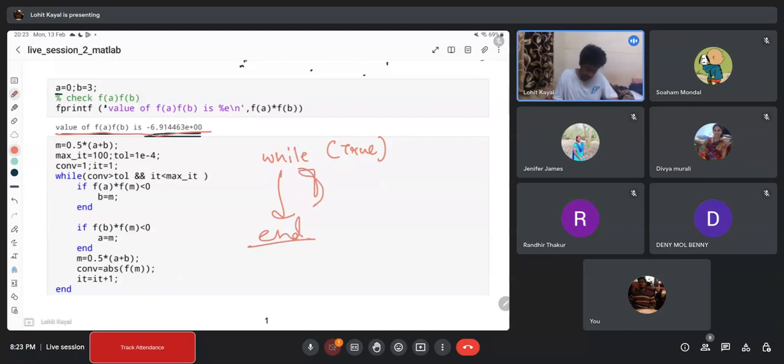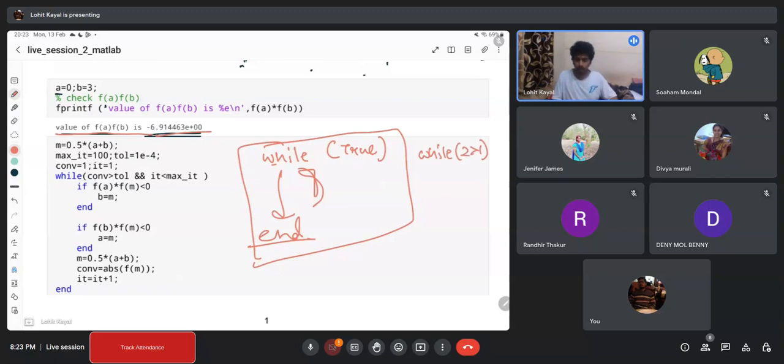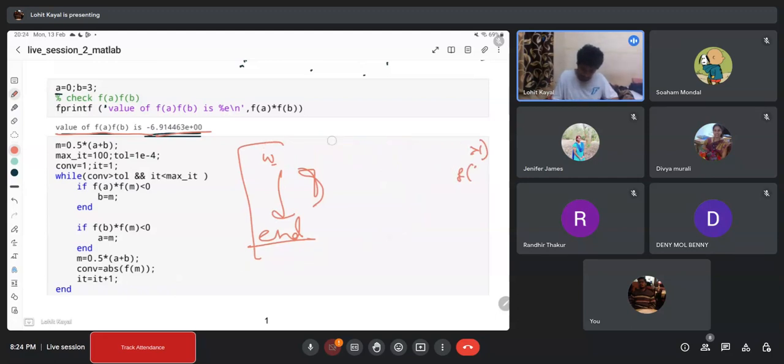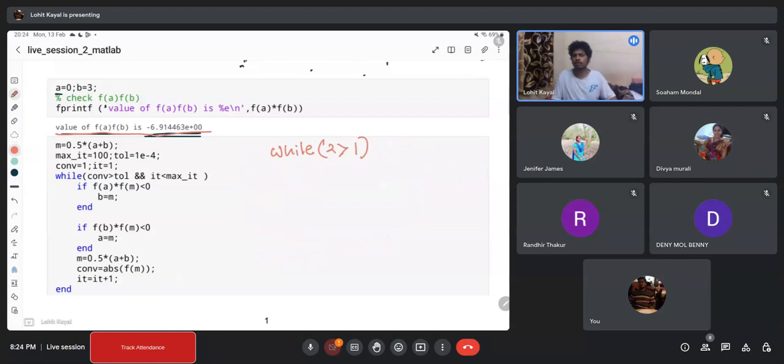And after doing the work, you have to put an end to it. So this is the syntax of that. While some condition is true, suppose while 2 is greater than 1, and you can try this fprintf. 2 is greater than 1, so this is always true.